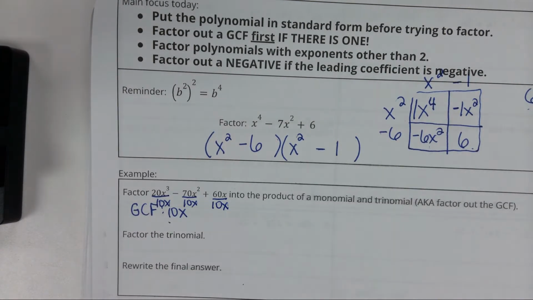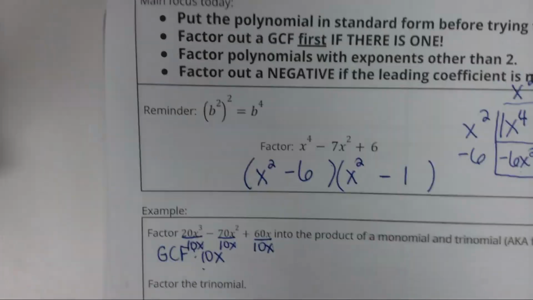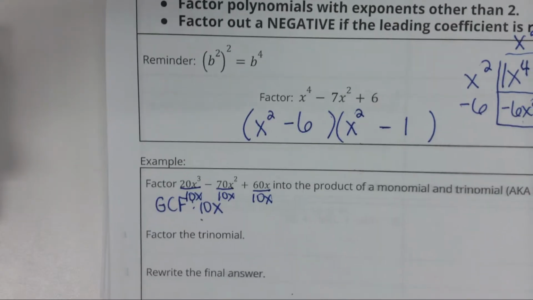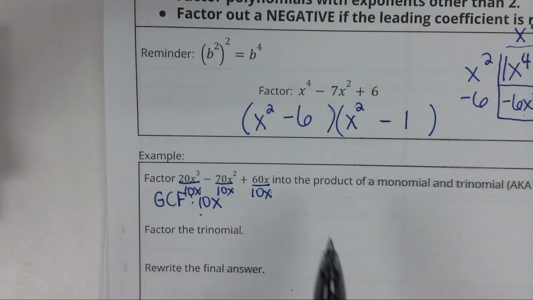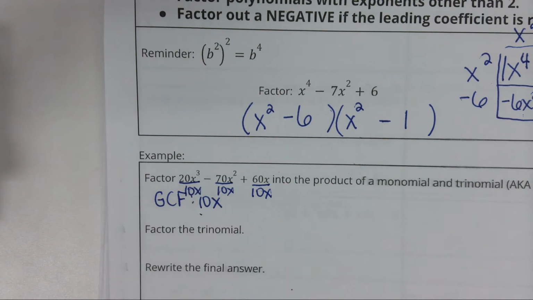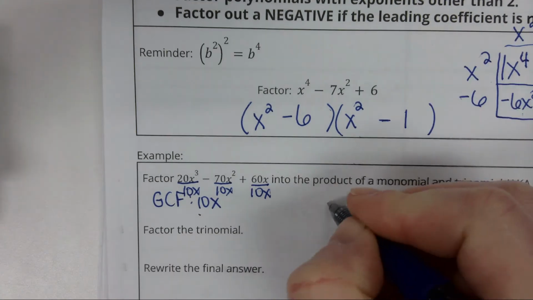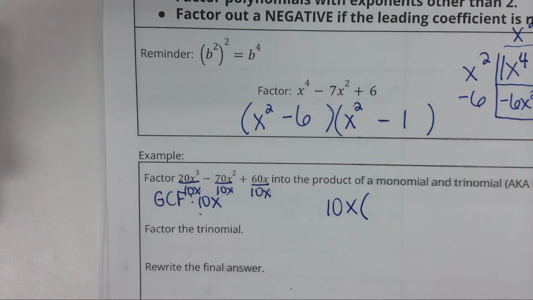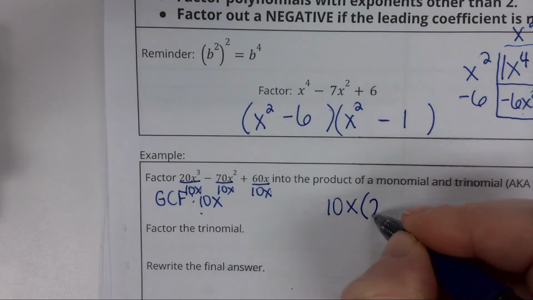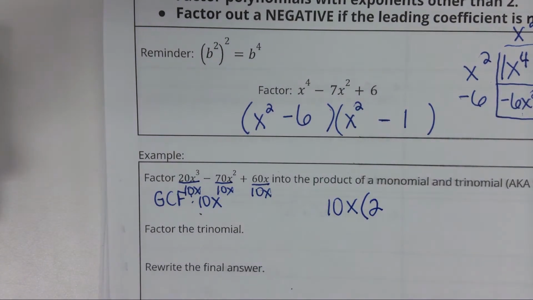I don't know if you can see that. What do you get? What's 20x cubed divided by 10? Careful. 2. 20 divided by 10 is 2. What's x cubed divided by x?